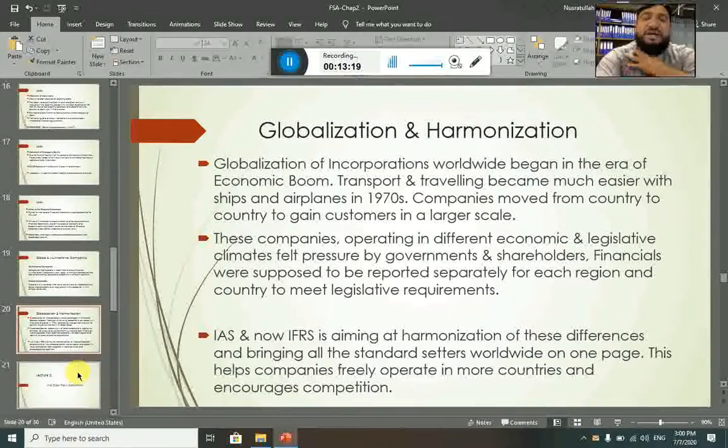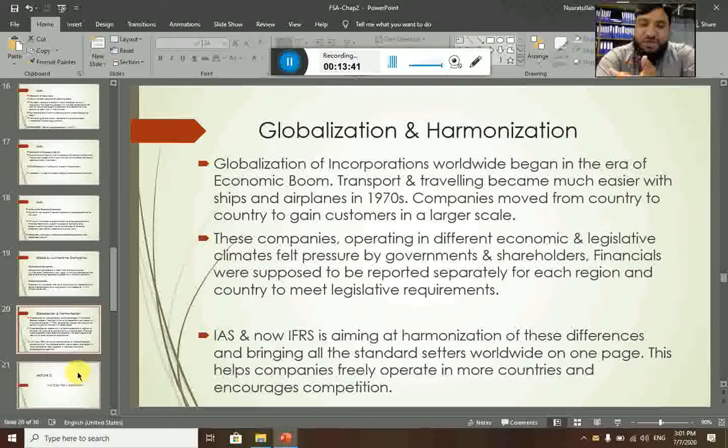But with the idea of globalization, harmonization has come into existence, and especially international accounting standards, which are now known as International Financial Reporting Standards, have brought great harmony to these differences in standards and reporting of financial information.